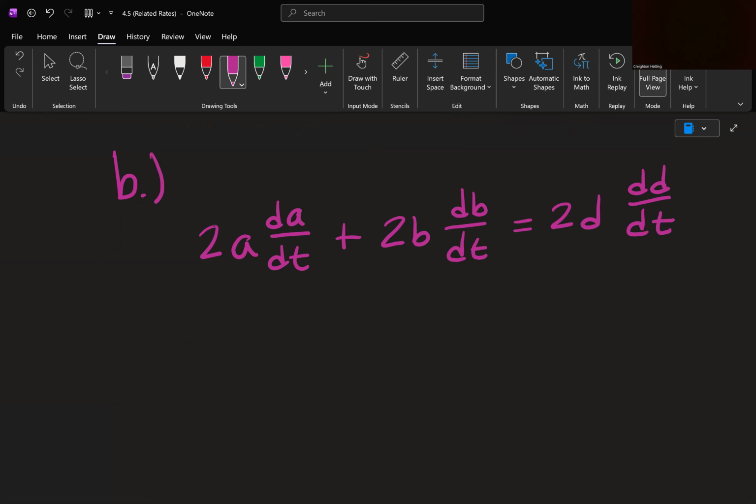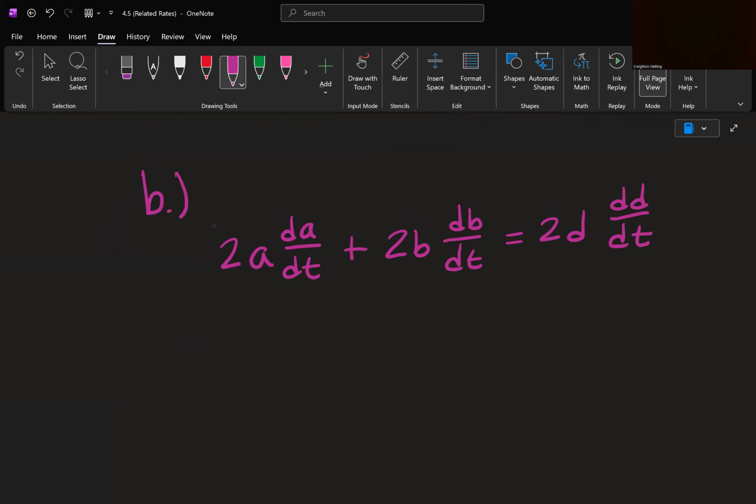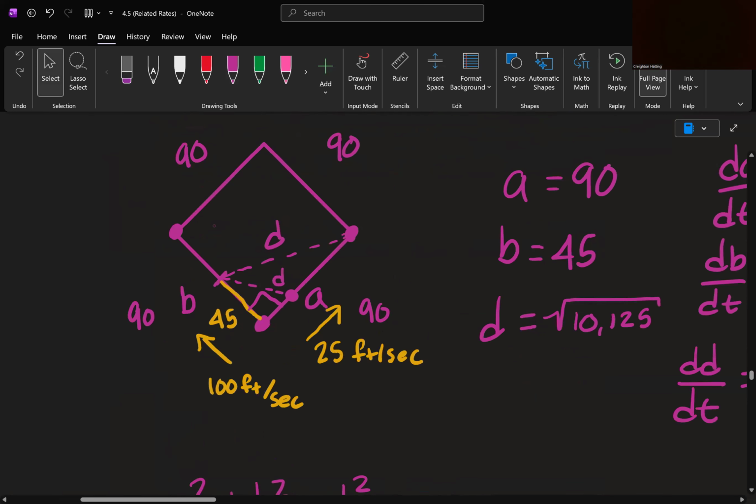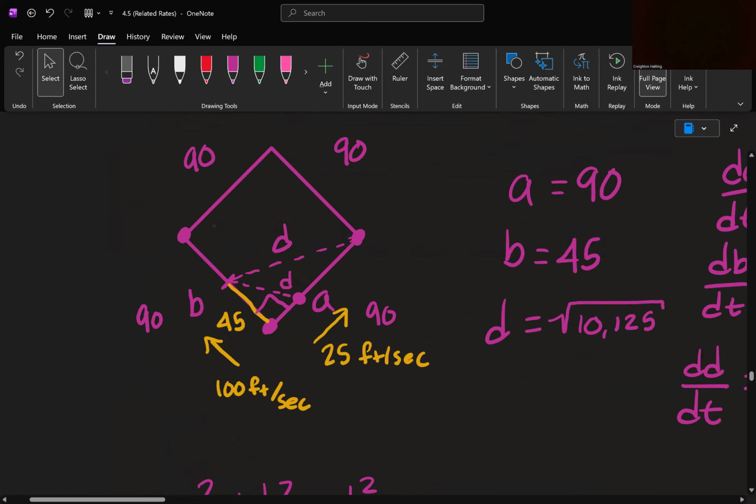Now we know, let me see if I can get this straight because my notes are labeled differently than our picture. So we know dB/dt, that is 100 feet per second. We also know B is going to be 45. We know that dA/dt is 25 feet per second. And we don't know A at this point, but could we find A?